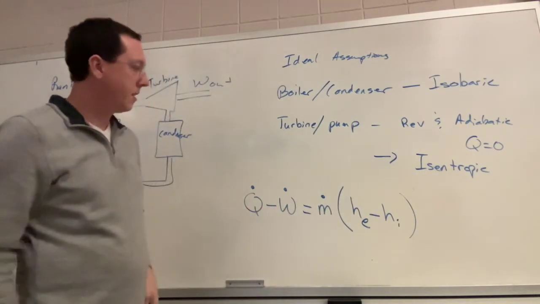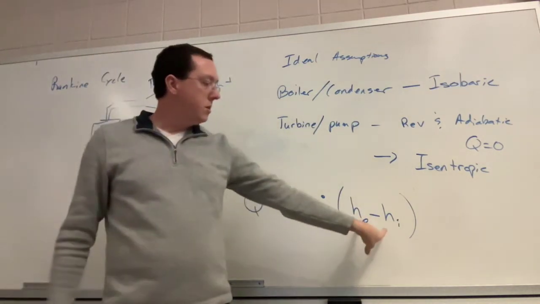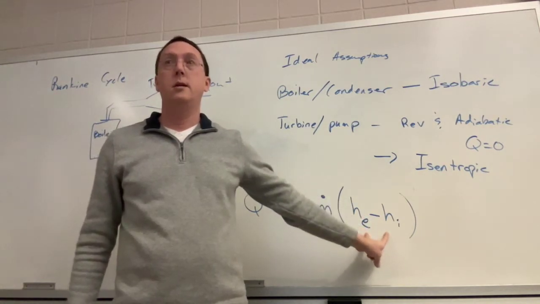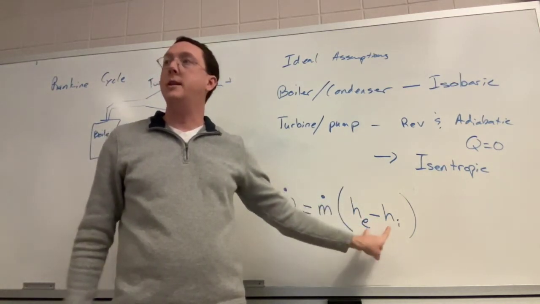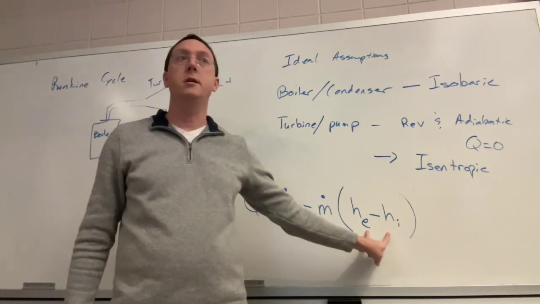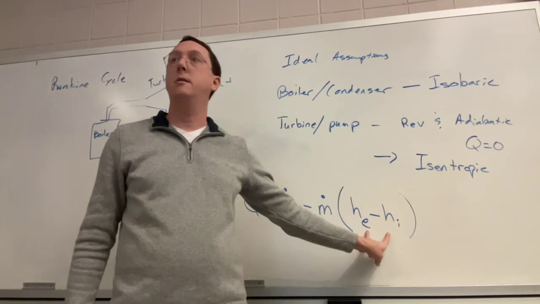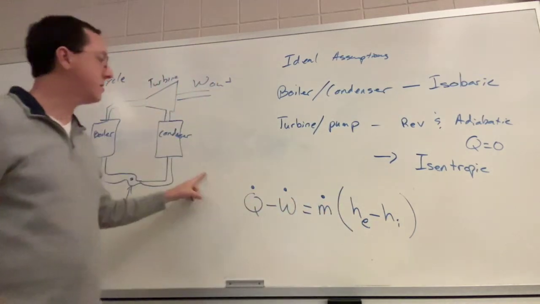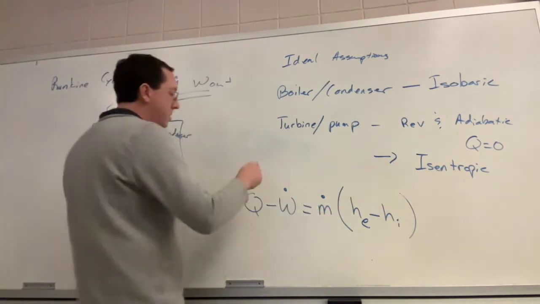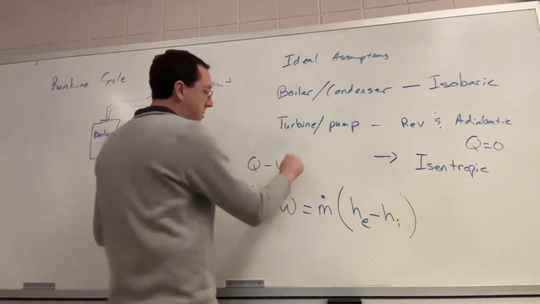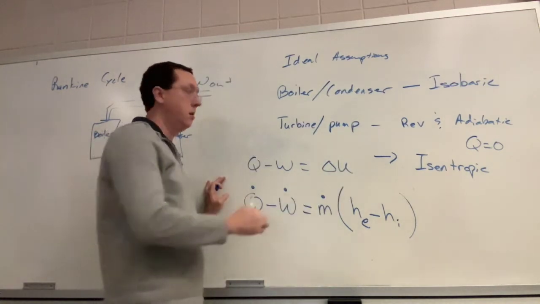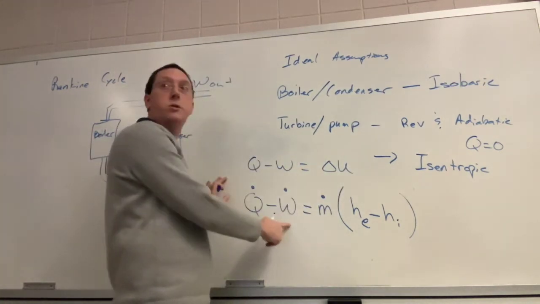Why do I use enthalpy and not internal energy? Why is it that I have specific enthalpy here, not specific internal energy? What kind of system is this? For closed systems, I would have Q minus W equals delta U. But this isn't a closed system.